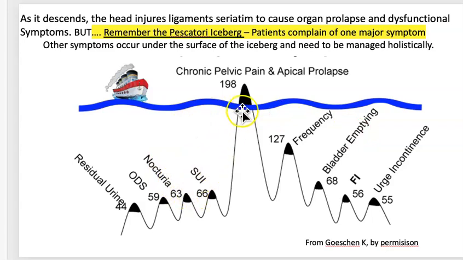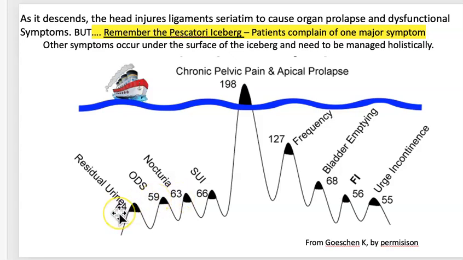Now, Professor Gershon found, now remember, they said, "Doctor, I've got chronic pelvic pain." Then he asked about these other symptoms. 55 had urge incontinence, 198. 56 had fecal incontinence. 68 had bladder emptying problems. 127 had frequency. 66 had stress incontinence. 63 had nocturia. 59 had ODS.